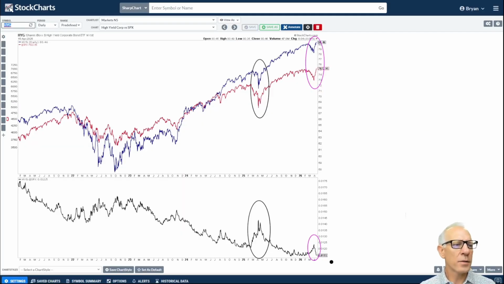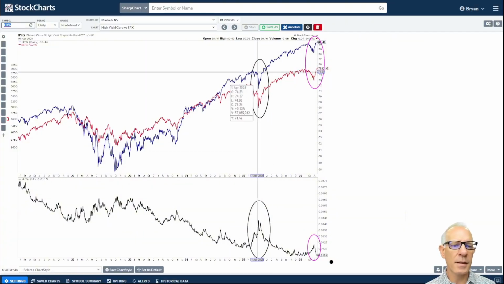All right, so this next chart is the relationship between high yield bonds and the S&P 500. Going back to this prior pullback, you can see that the red here is the S&P 500, the blue is the high yield, and the black line at the bottom chart is the relationship between the high yield and the S&P 500.